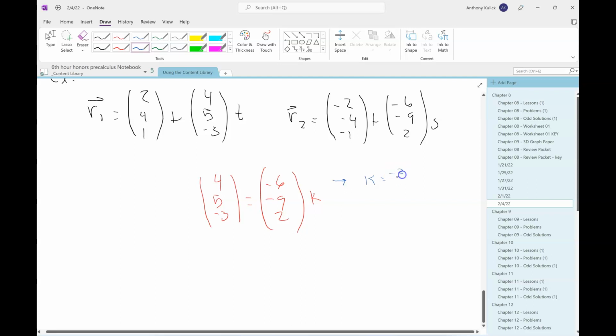So let's see, here k would have to be negative 2/3. Here k would have to be negative 5/9. And already I can stop at that point, right? I don't care what the third k would have to be.